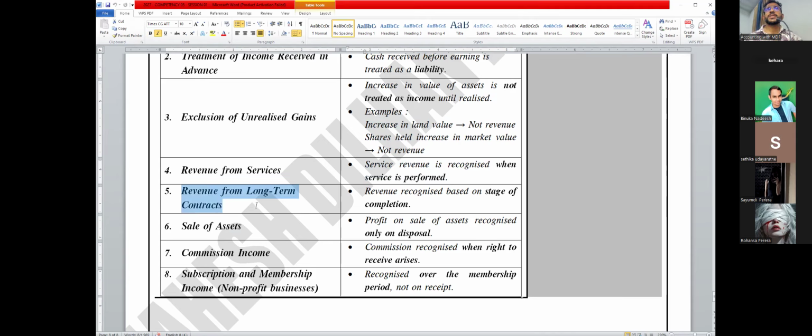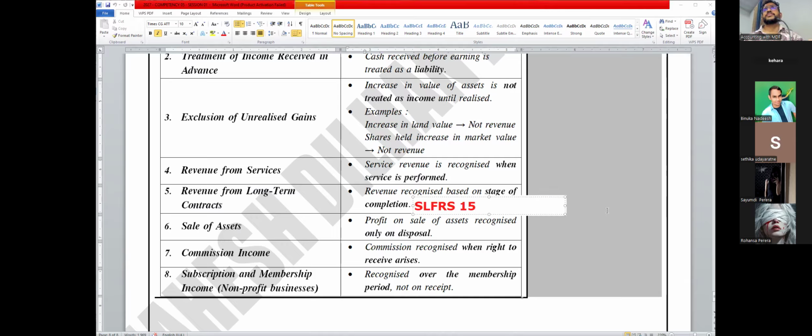Revenue from long-term contracts. Revenue is recognized based on the stage of completion method. Write down SLFRS 15.